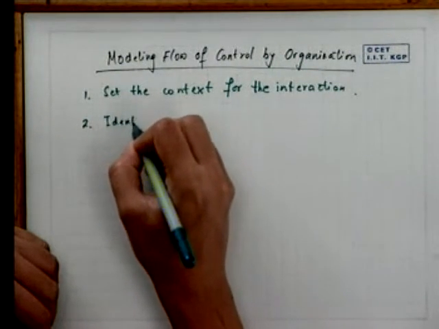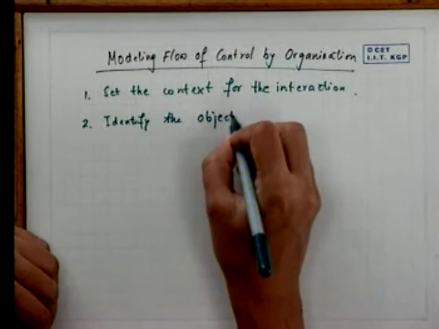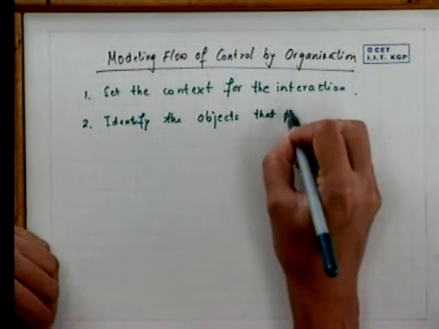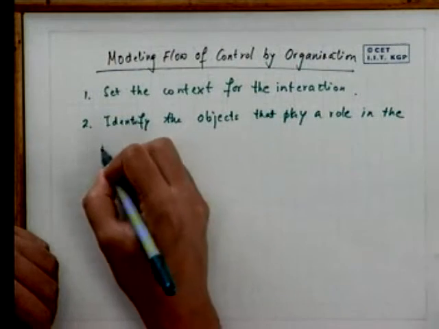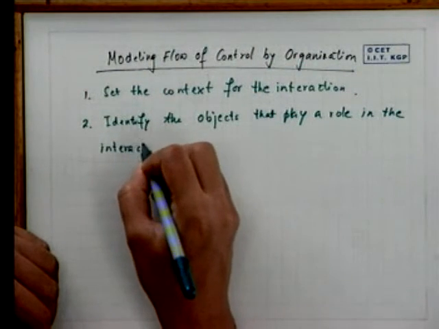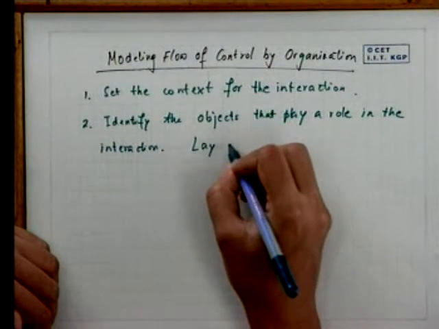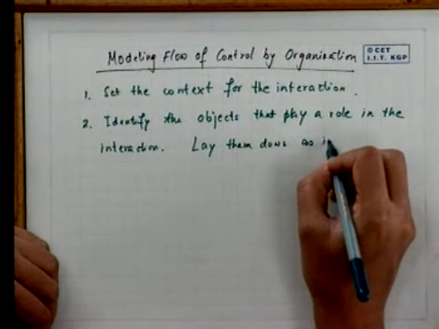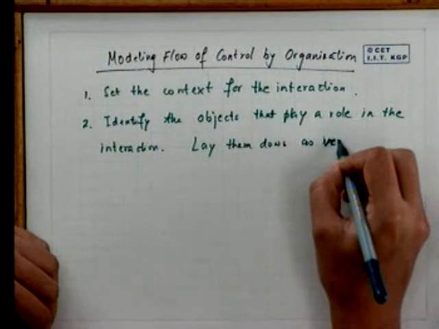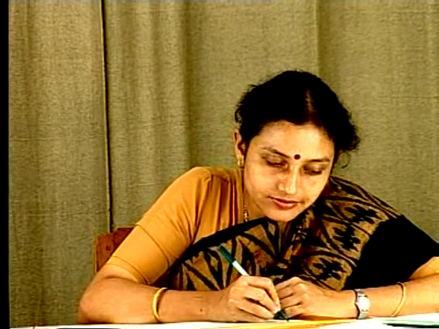Second, identify the objects that play a role in the interaction and lay them down as vertices in the graph. And by laying them down in vertices, place the more important objects in the center of the graph.